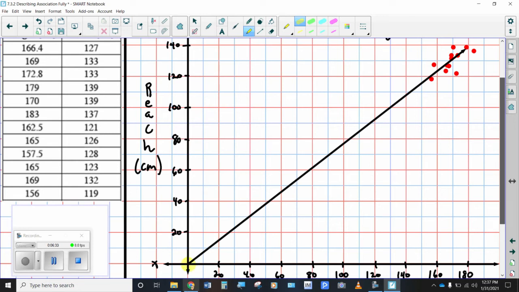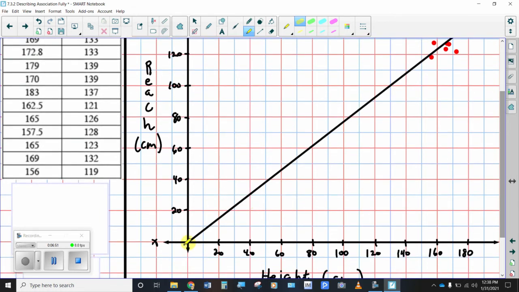And that would make our rule a lot easier because now it becomes a proportional type situation. I feel like it makes sense that 0, 0 would be a point on this line of best fit, because if a person is 0 inches tall, aren't they going to have no reach?